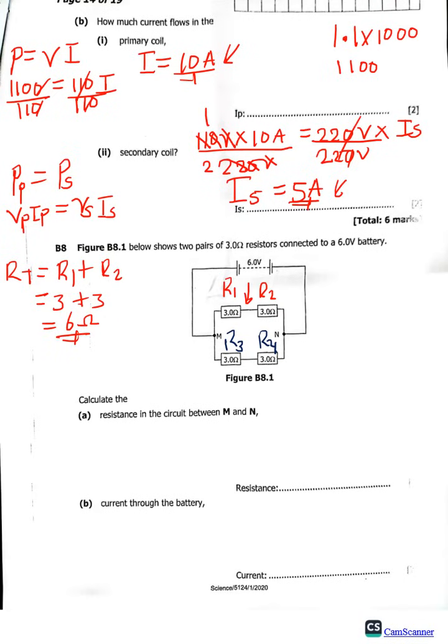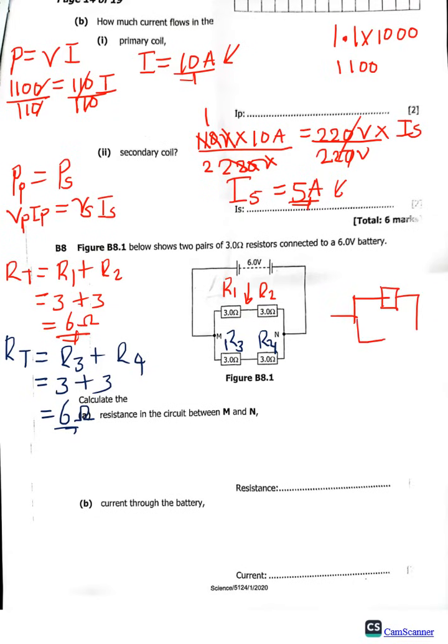For the other pair, total resistance is resistor 3 plus resistor 4, so 3 plus 3, giving us also 6 ohms. If I redraw this, it's like we have a situation like this one, where we have combined the two to form one. This is what we have done.